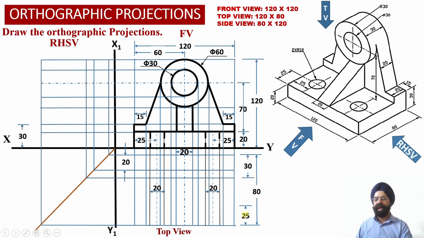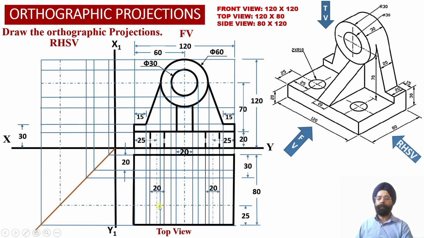So now we have marked a distance of 25 mm from the front face of the solid. At that distance we have marked a horizontal center line in the top view projections, and we have transferred the center line appropriately into the right hand side view projections using this transfer line over here.